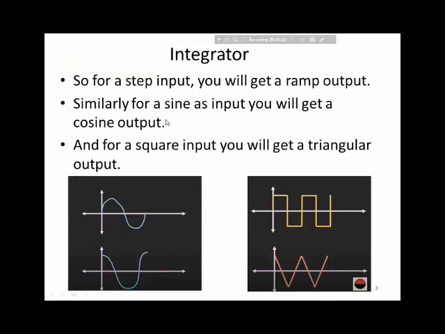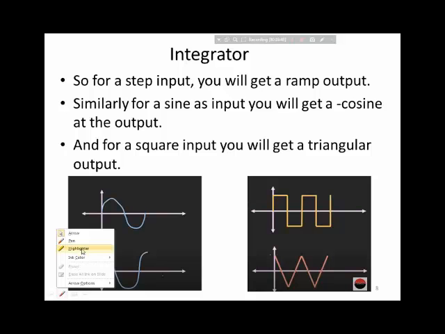Similarly, for a sine as the input, you will get a cosine output. So if a sine is applied at the input, you will get a cos function or a minus cos function at the output. This is actually minus cos, so the function will be like this, inverted.